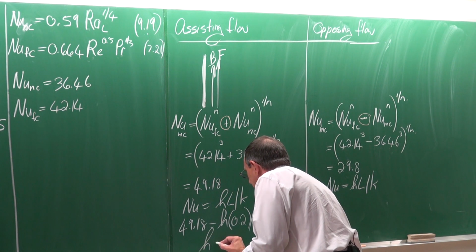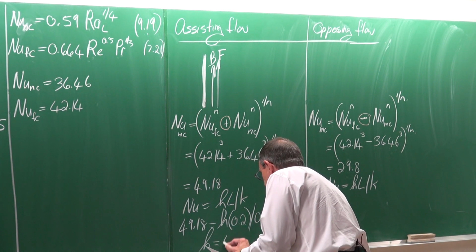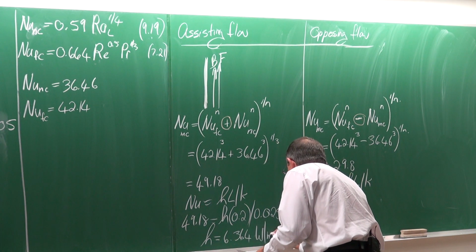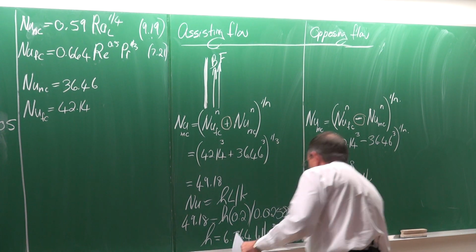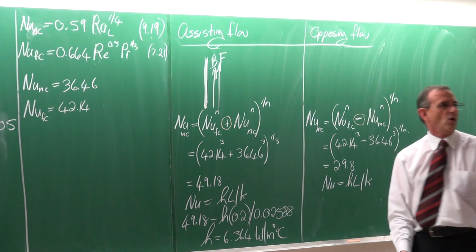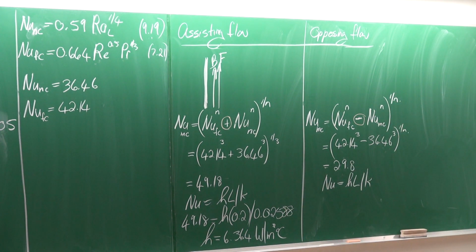And from that, we can get the heat transfer coefficient as 6.364 watts per square meter degree Celsius. Look at the value, about 6 makes sense. If it's 600, you must know you've made a mistake. If it's less than 1, remember, it can't be.